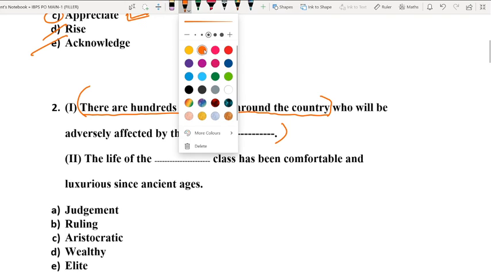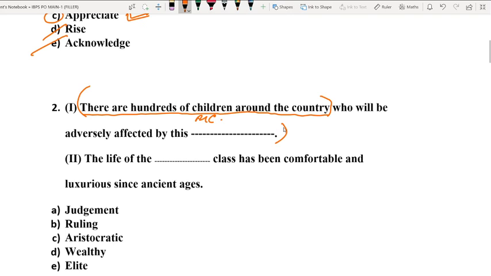So let's get started. What clue are we going to get from the sentence? It says there are hundreds of children. The author talks about so many children, hundreds of children around the country. That means our country obviously has so many children. And the author says that who will be adversely affected? Adversely is a negative word.